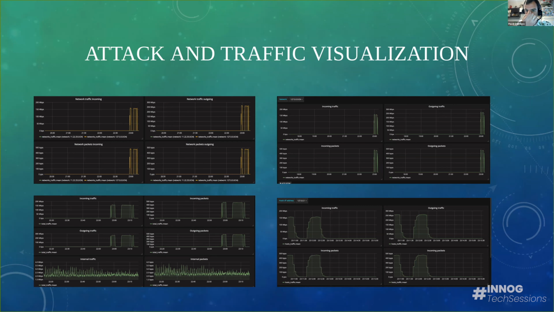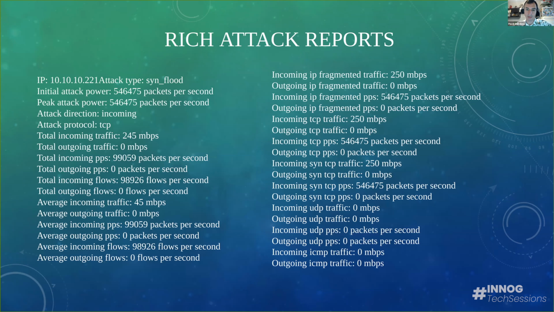So when Fastnetmon detects an attack, it provides lots of information about this attack, lots of metrics and counters, about different types of packets and different types of traffic. It helps you understand what can be done against the attack.